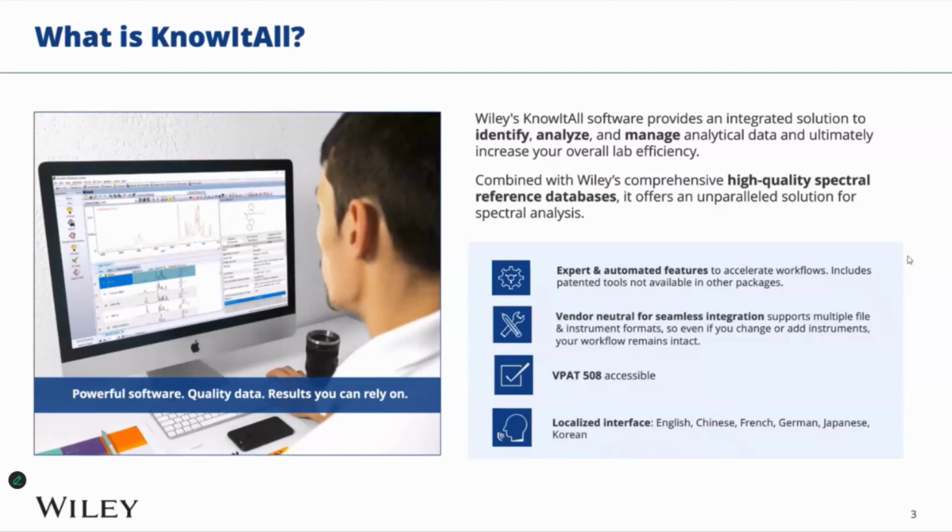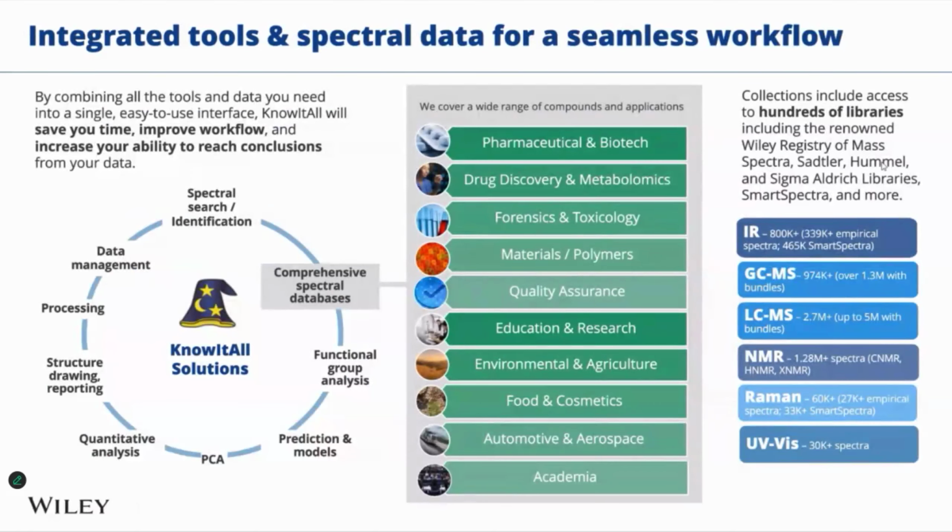KnowItAll is an integrated solution to identify unknown compounds, analyze spectra, and manage analytical data. It is combined with Wiley's comprehensive high-quality spectral reference databases. This diagram shows how KnowItAll pulls all kinds of functionality together in one environment.